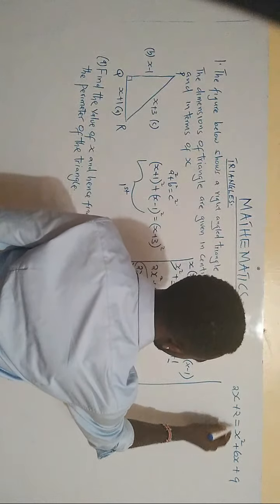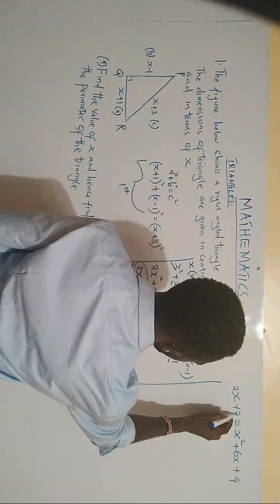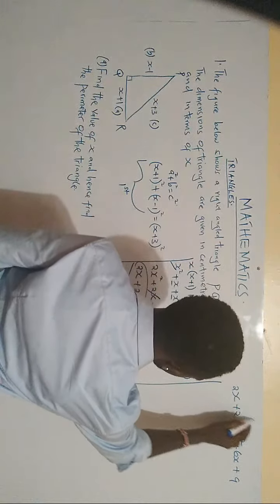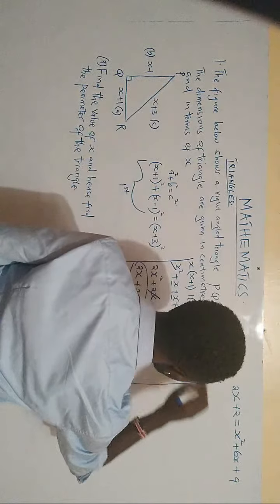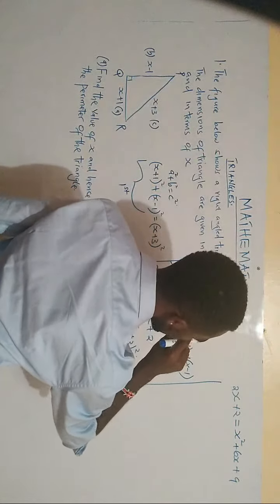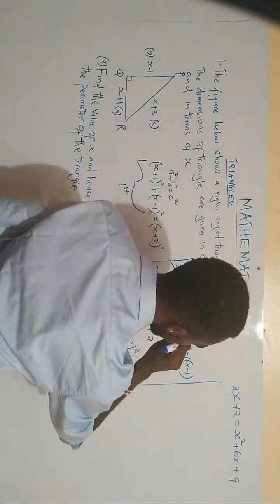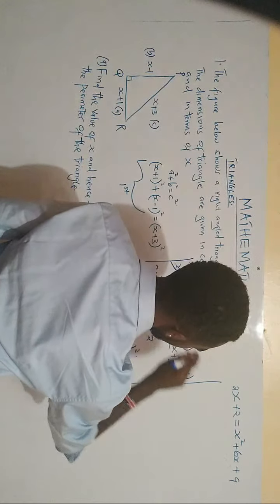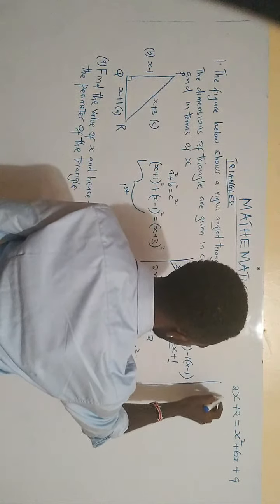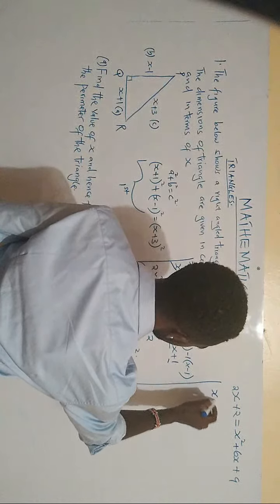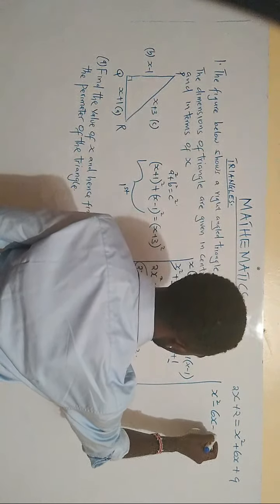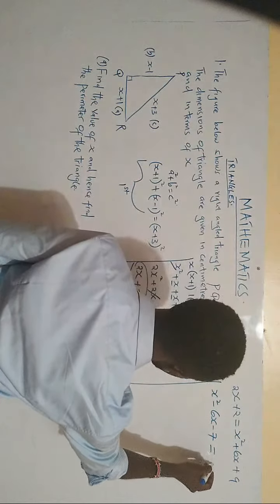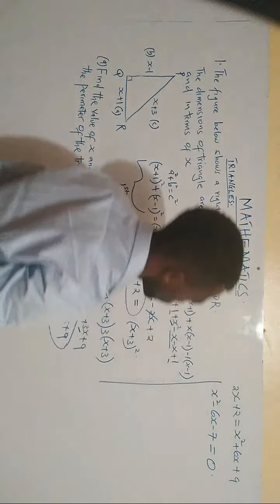Taking the other side, 9 minus 2 is 7, and we bring everything to the other side. This will be x squared minus 6x minus 7 is equal to 0.